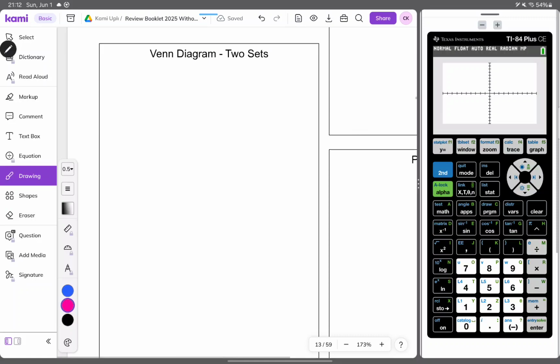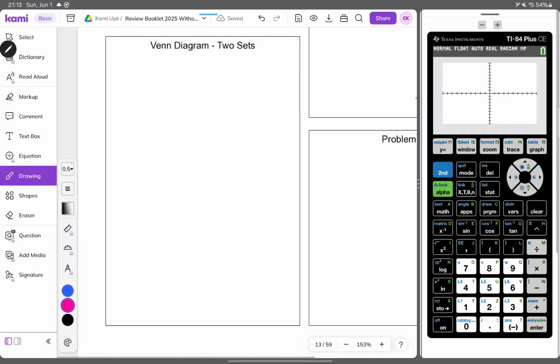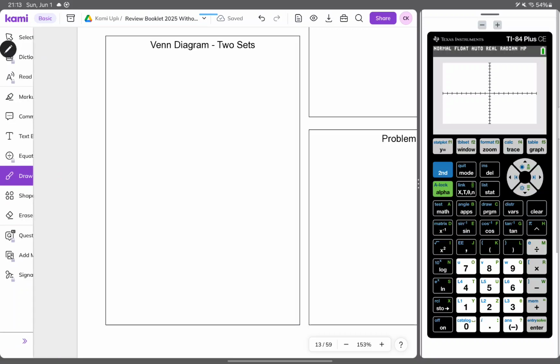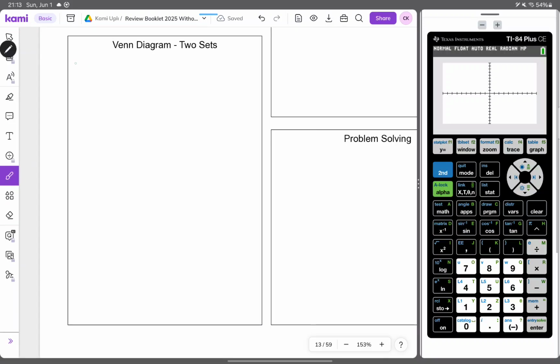All right. Venn diagrams with two sets. So we're going to look at the different parts. So Venn diagrams, remember, always start with the universe, which is a rectangle. Then let's say I have A here, B here.